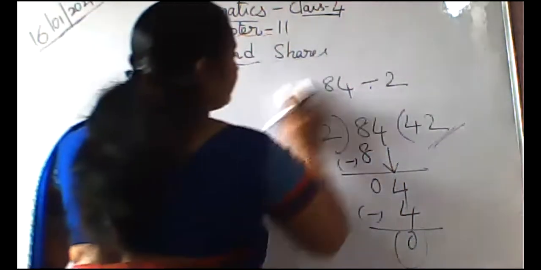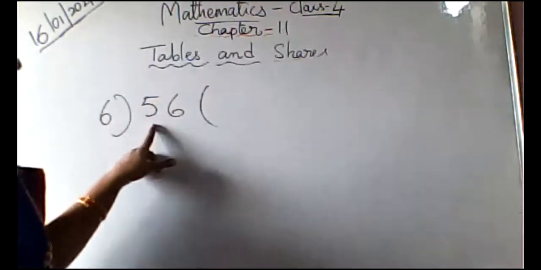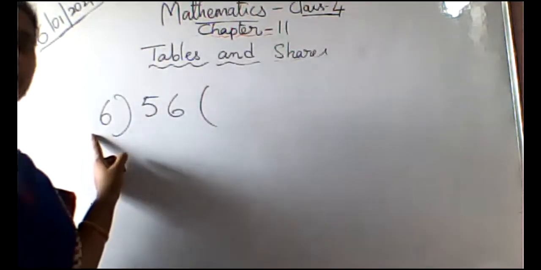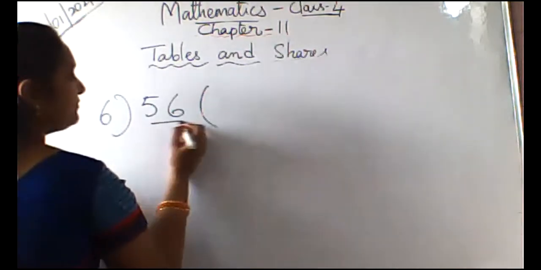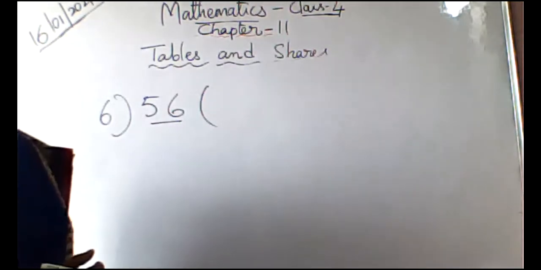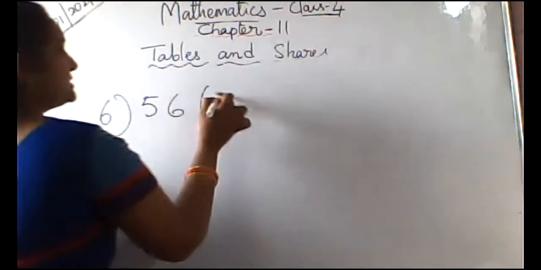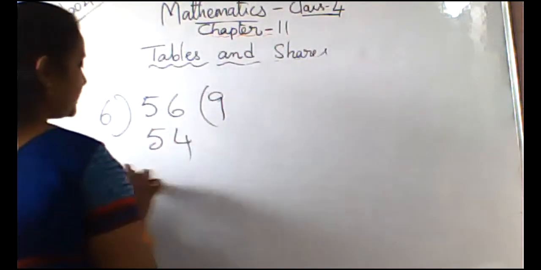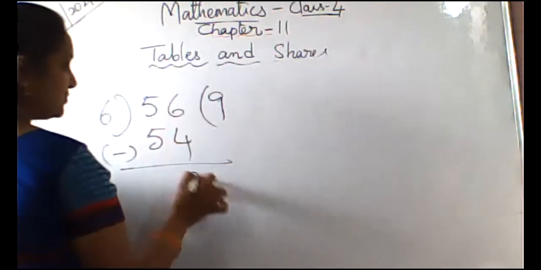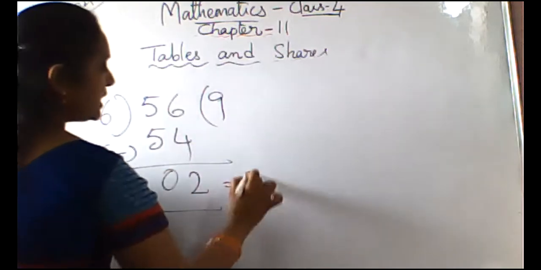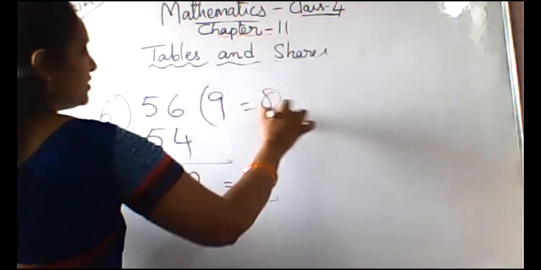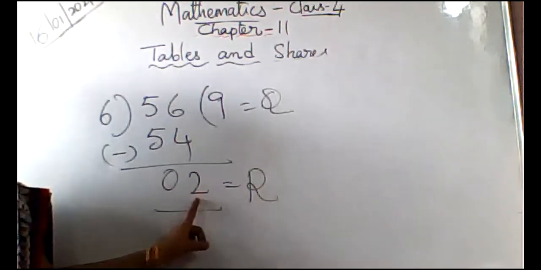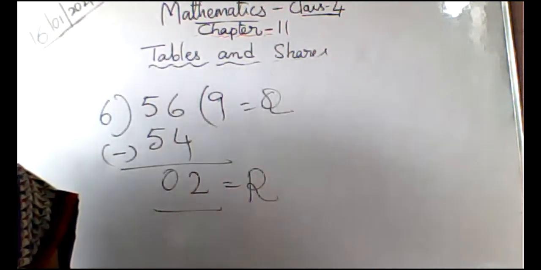The first digit is 5. 5 is lesser than 6, so we cannot do the division. Now we have to check for the 2 digits, 56. 6 9s are 54. Do the subtraction here. 6 minus 4, 2, 5 minus 5, 0. So here you are getting remainder. This is quotient. This is remainder.